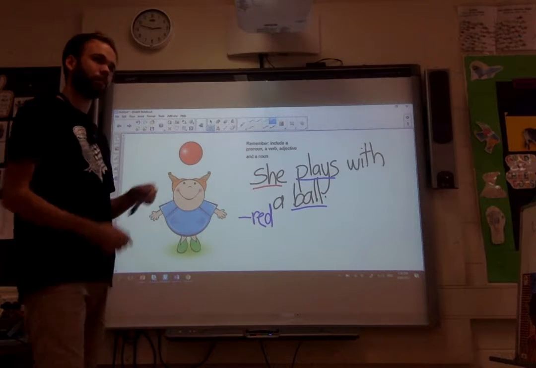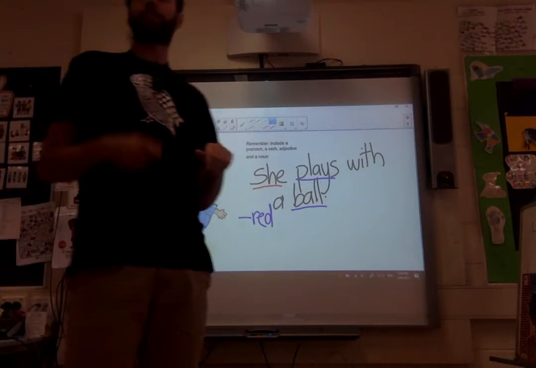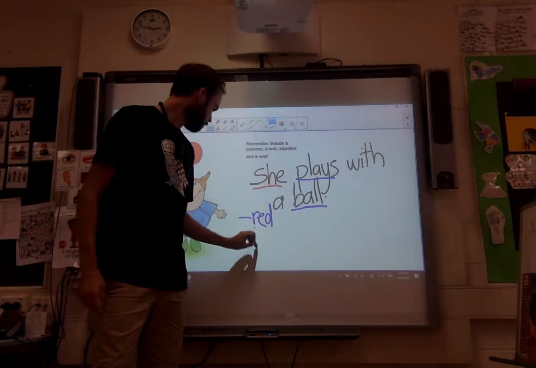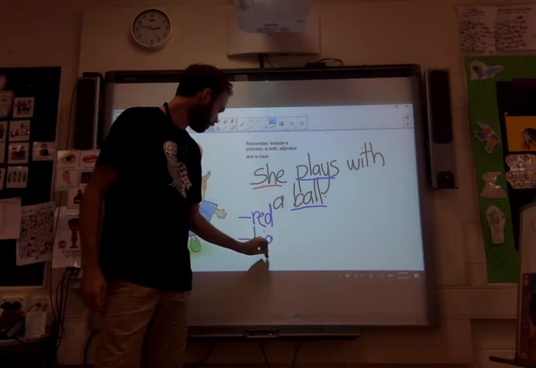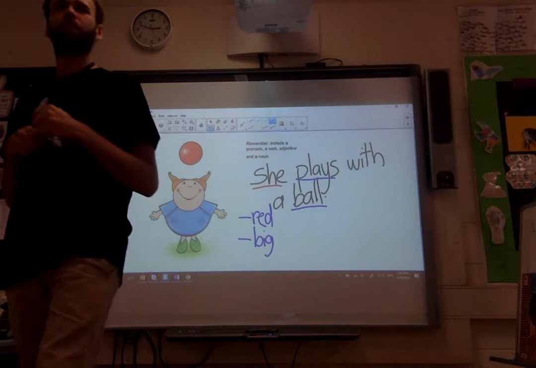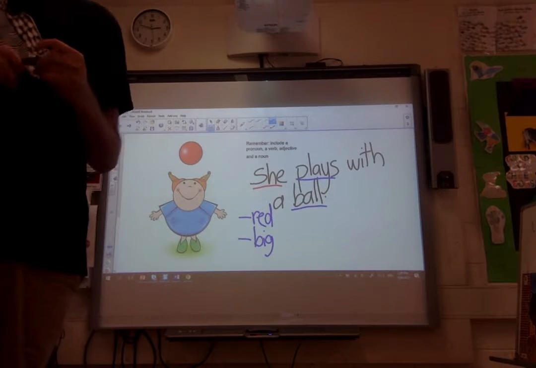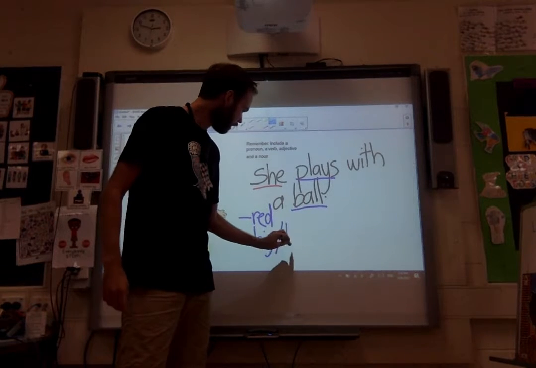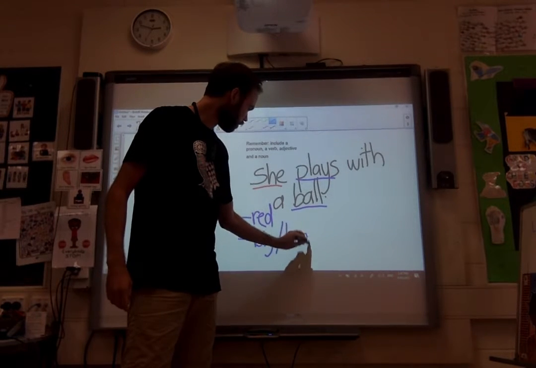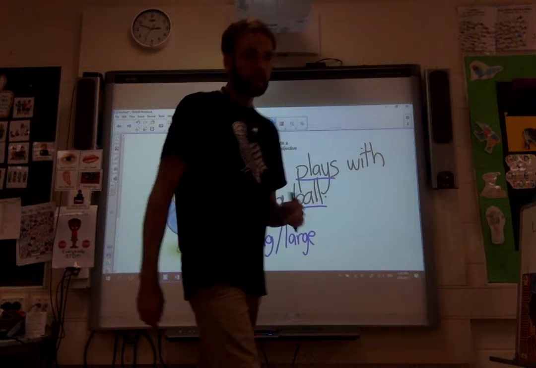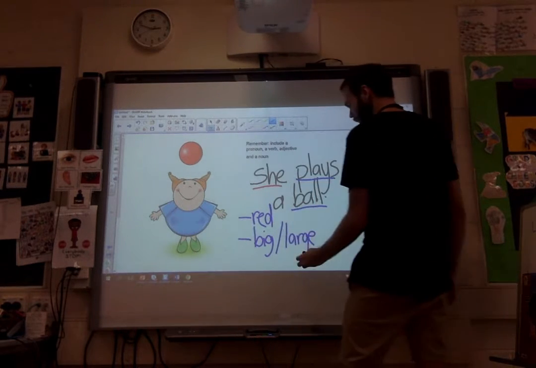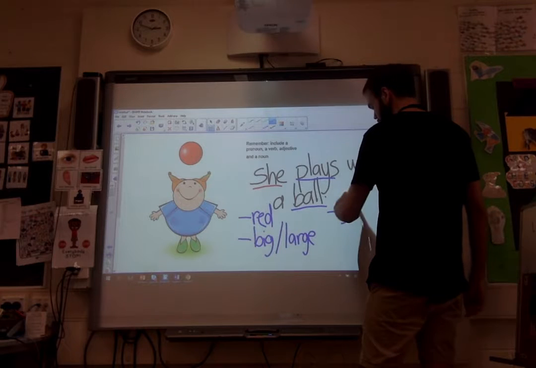Big. She plays with a big ball. What's a better word than big? What's another word we can use instead of saying big all the time? Large. That's better. Excellent. Large ball. Shiny. Ooh, shiny. We have a shiny ball.